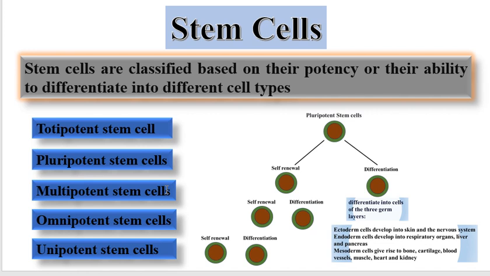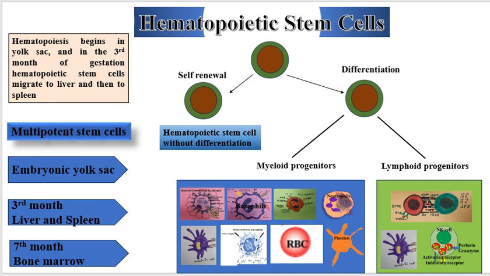Multipotent stem cells give rise to hematopoietic stem cells. These cells are responsible for formation of different cells of the immune system.